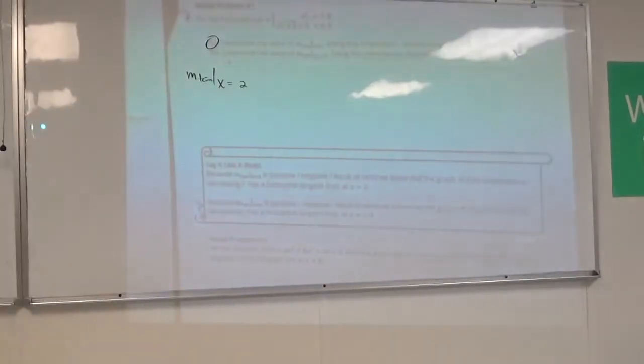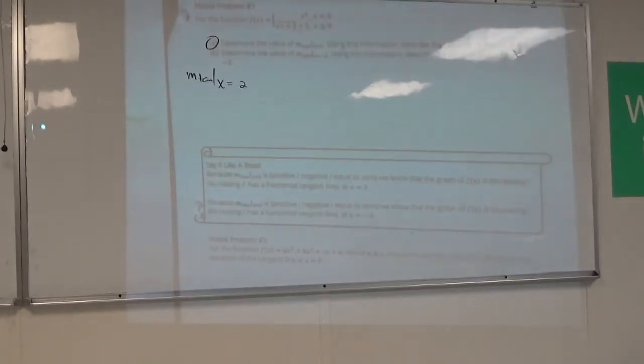Slope of the tangent line at x equals 2. Okay, Jose is on the board. Jose has earned the first point. Beto's doing a whole lot of stuff, hasn't earned himself a point yet. Naum is on the board, he's earned a point. Eric is kind of getting close to a point.